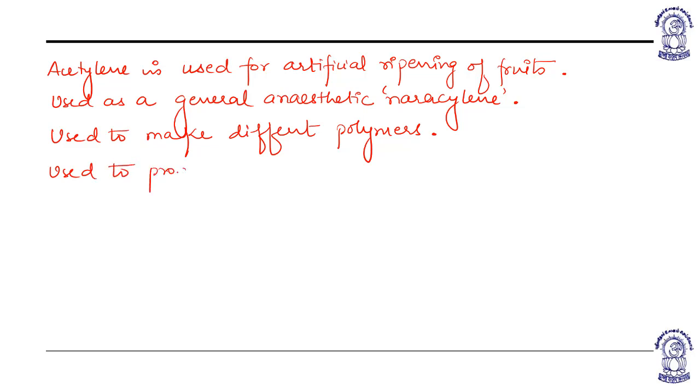It is used to produce dihydrogen gas in airships. These are the different uses of the most common alkyne, that is acetylene.